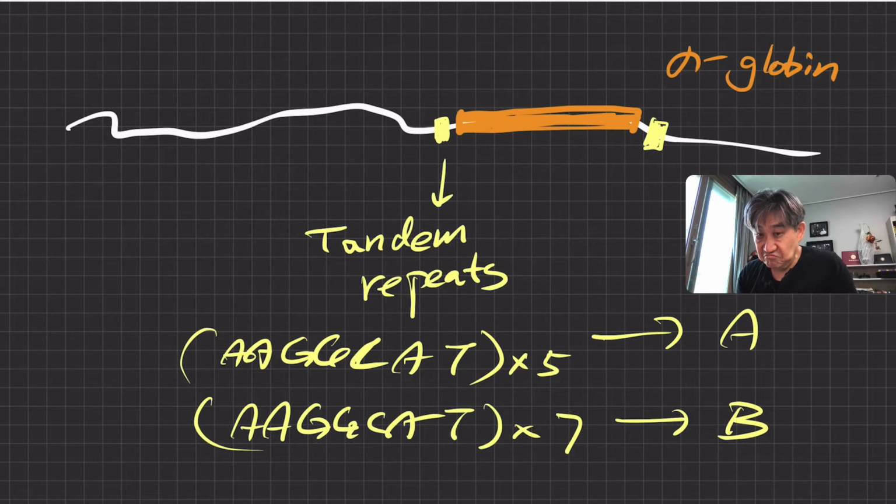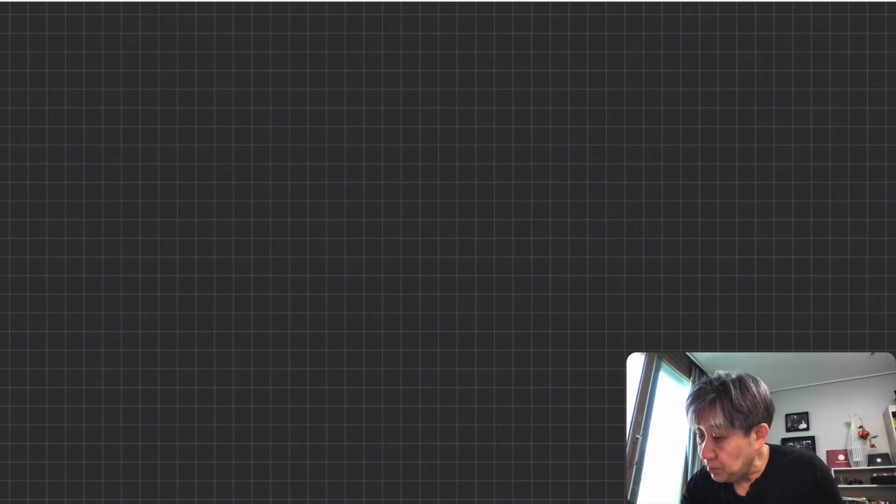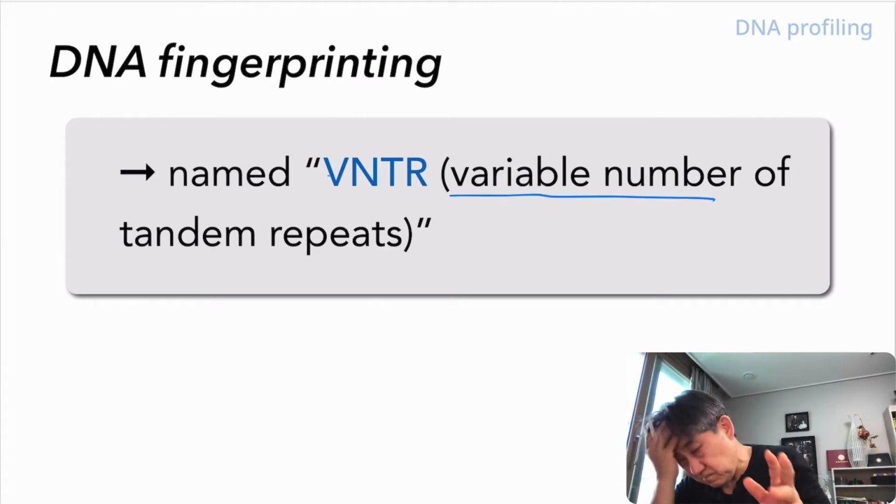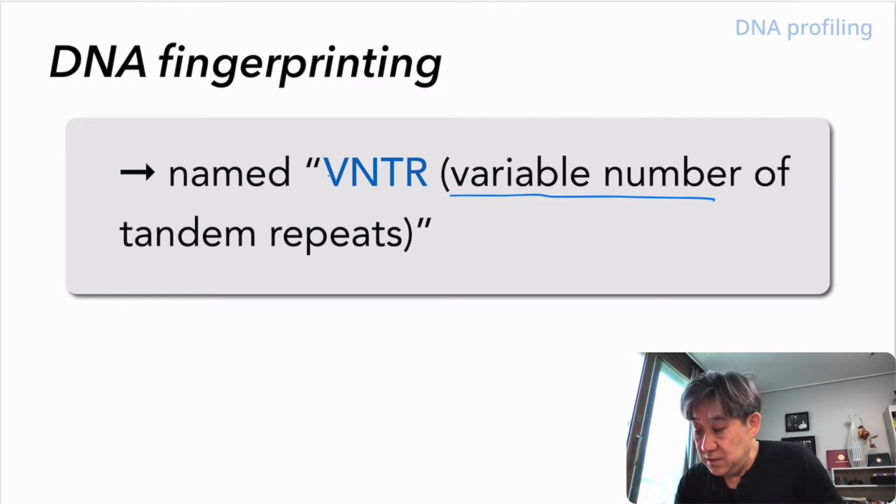He called such a variable repeat area a VNTR, standing for variable number of tandem repeats. In different individuals, this number of repeats is different.